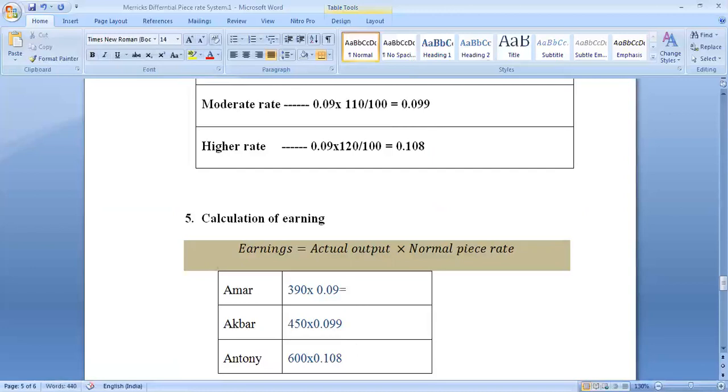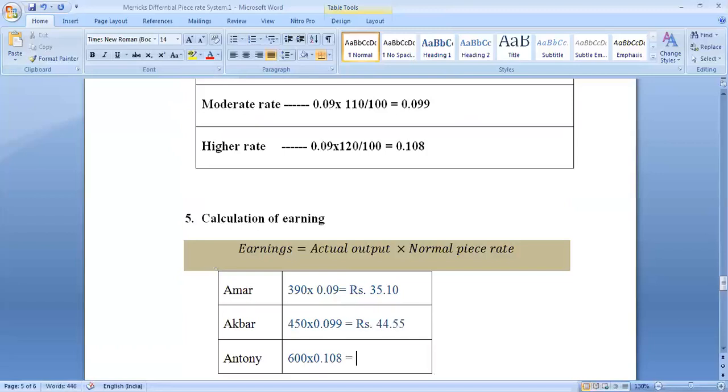Okay, so how much will be the earnings for Amar? For Amar it is 35.10 rupees. 35.10 is the earnings of Amar. For Akbar it is rupees 44.55. Okay.